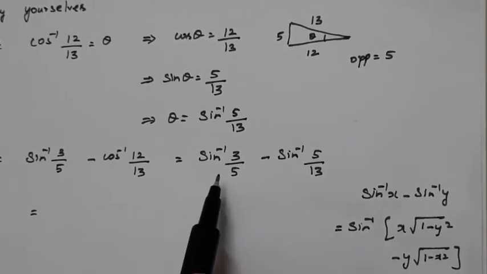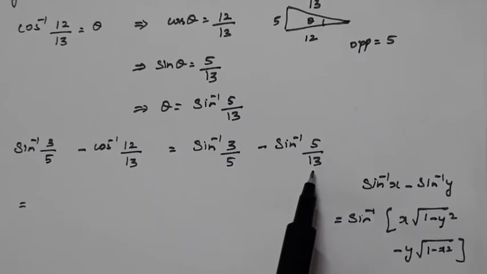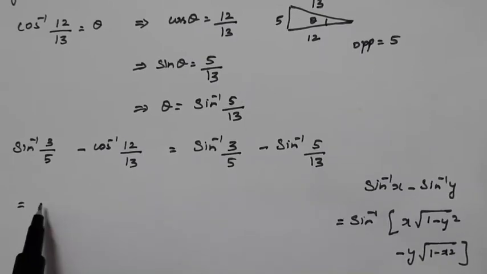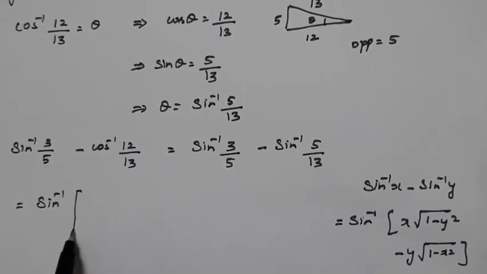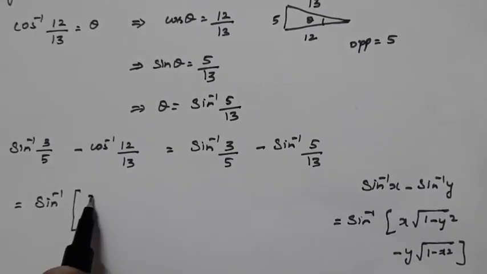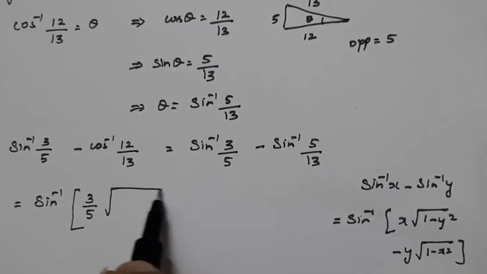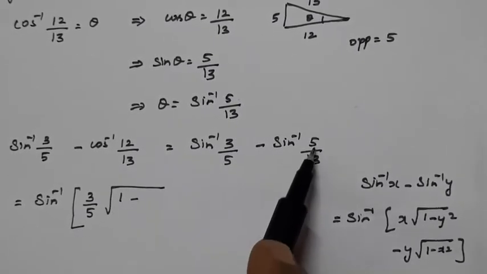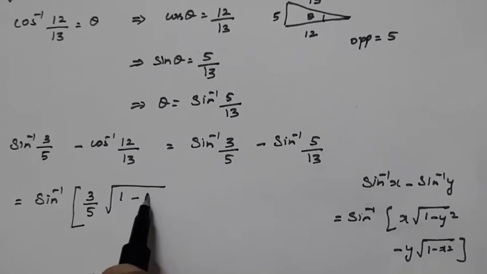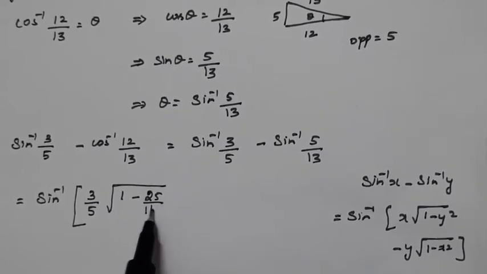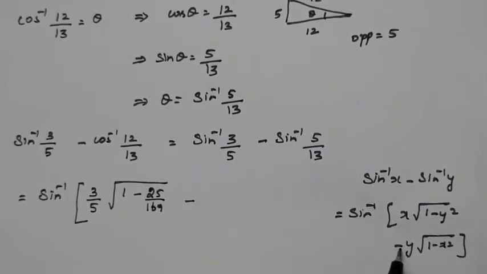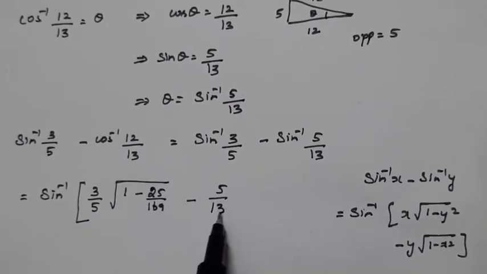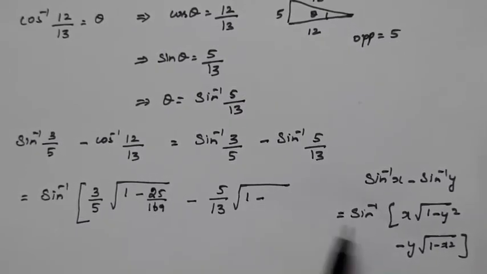Okay. Now apply this formula here, where x is 3 by 5 and y is 5 by 13. So that is equal to sin inverse of x, that is 3 by 5, into root of 1 minus y squared. Y squared is 25 by 169. So 25 by 169 minus y, that is 5 by 13, into root of 1 minus x squared.